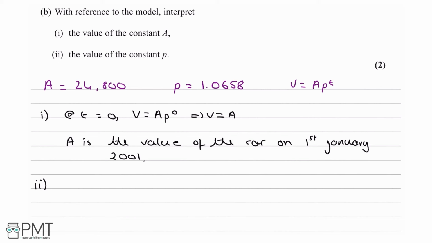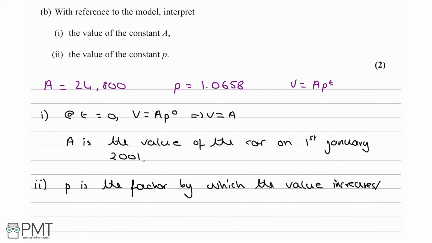So what you would need to write in that case is, I would write 2 statements here just to be safe. So I would say first that P is the factor by which the value increases, or you could also use the word rises each year.